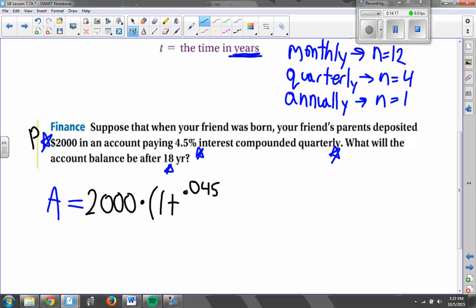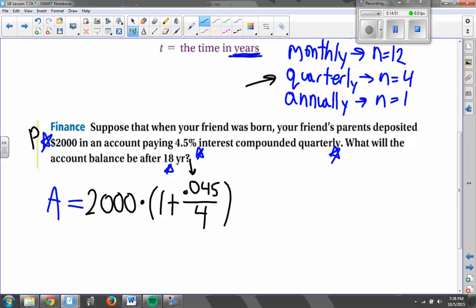Please remember, when your interest rate is less than 10%, always have that 0 right here. So 0.045. I'm going to divide that by the number of times every year that my interest gets compounded. We know quarterly means n equals 4 times per year, so I'm going to put that on the denominator of that fraction.